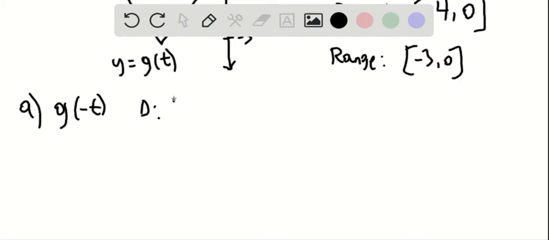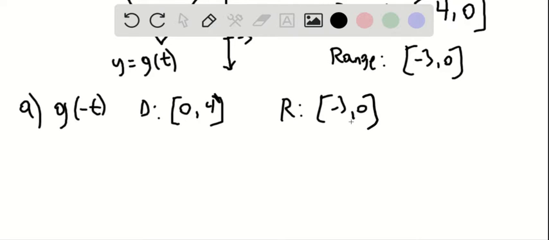We basically swap the domain, because what does this negative do inside the function? The domain is 0 to 4 inclusive, and the range, this reflection inside the function doesn't affect the range, so the range is still -3 to 0.